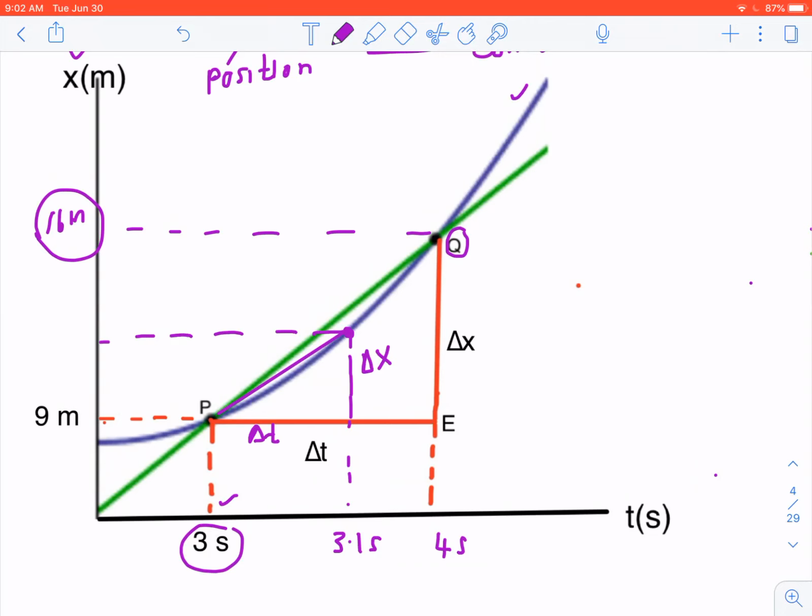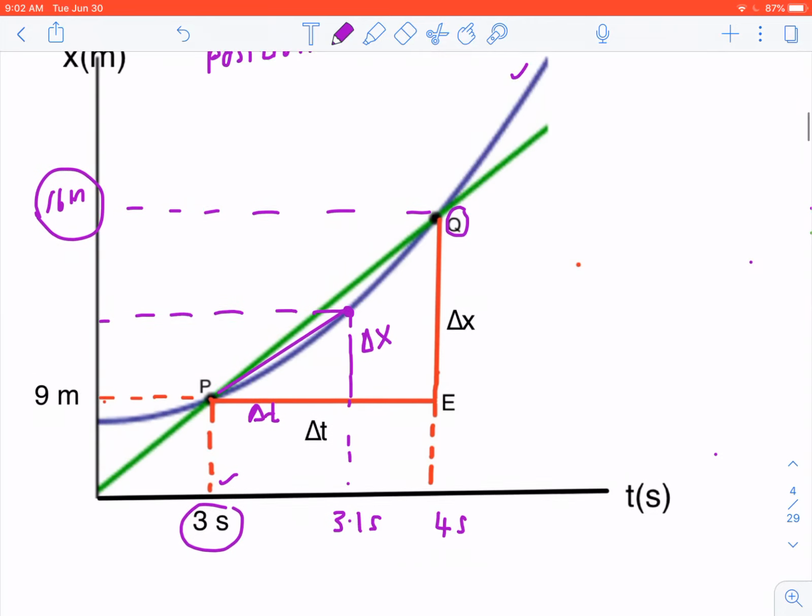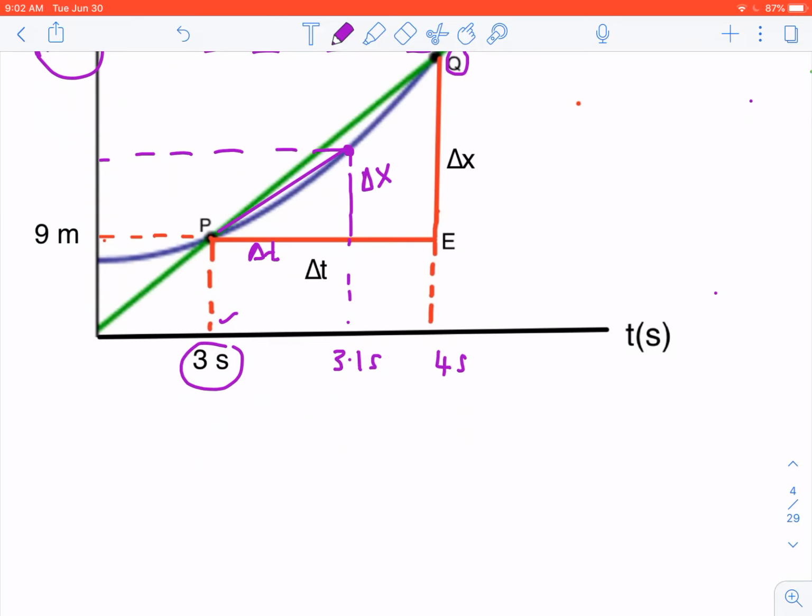Now, if we want to work that out, we have the gradient again, and the gradient will be equal to change in x upon change in time.